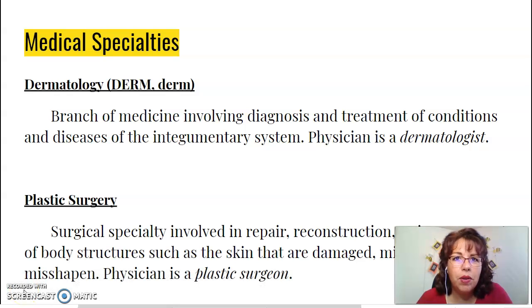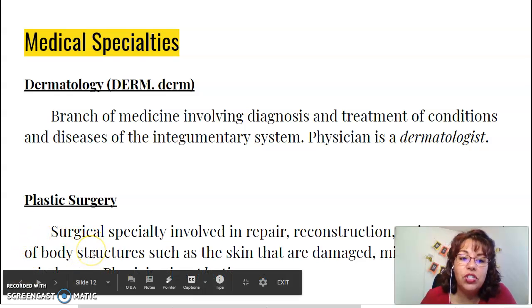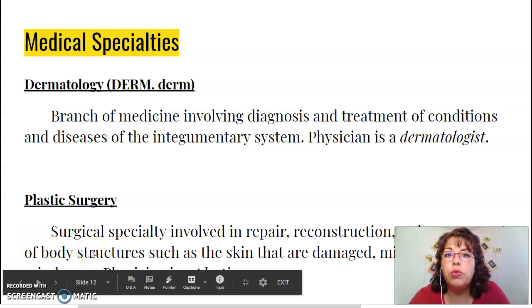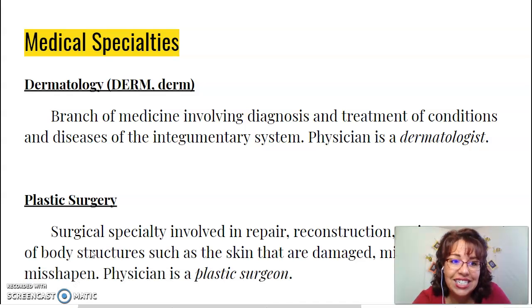Some specific medical specialties that you'll find with the integumentary system are dermatology, a branch of medicine that involves the diagnosis and treatment of diseases of the integumentary system, hair, skin, and nails. A physician who is in dermatology is referred to as a dermatologist.